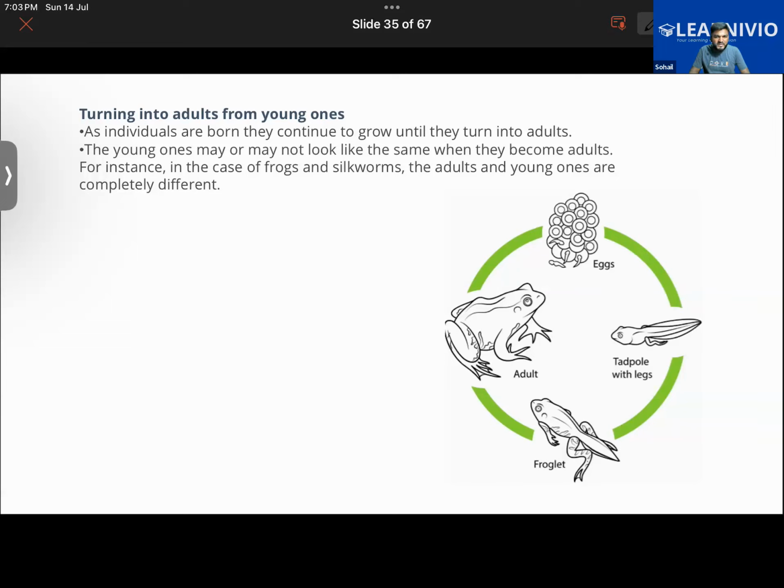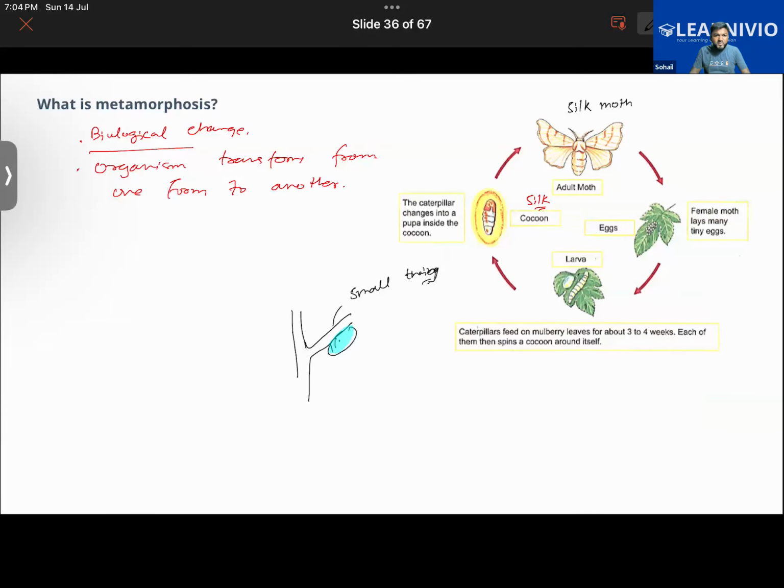Okay, we're talking about fertilization now. Yes, the same thing would be happening in them also. This silk moth would also reproduce via fertilization.